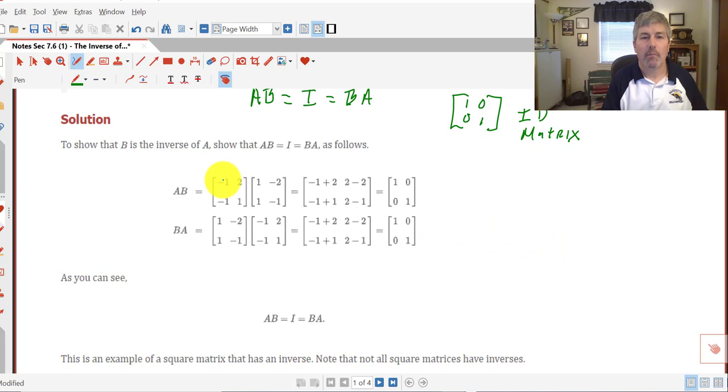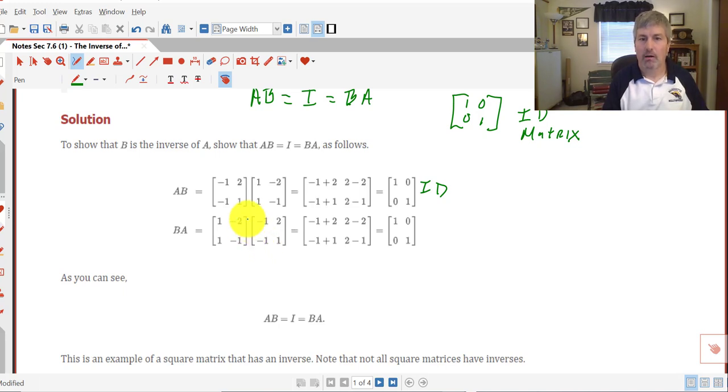So our solution is as follows. Using our multiplication of matrices properties, essentially the top row times this column, so negative 1 times 1 plus 2 times 1, etc. We've multiplied the matrices and we simplified and we get the identity. And then we did the same thing for B times A. Again, we multiplied 1 times negative 1 plus negative 2 times negative 1, and so forth.